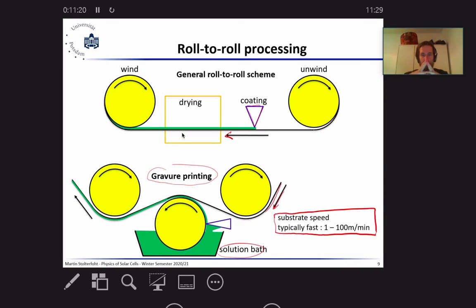So industry that really wants to sell third generation photovoltaics like perovskites or organic solar cells often goes back to evaporation. So we will see if that will ever become reality in the industry.